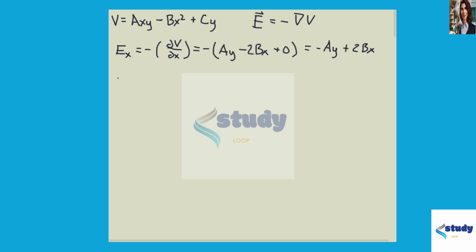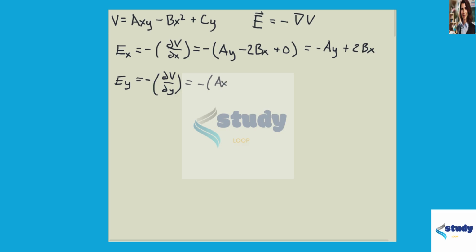The electric field in the y direction, the y component will be given by negative partial V with respect to y. So if we hold x and z constant and take the derivative with respect to y, for the first term we'll have ax.